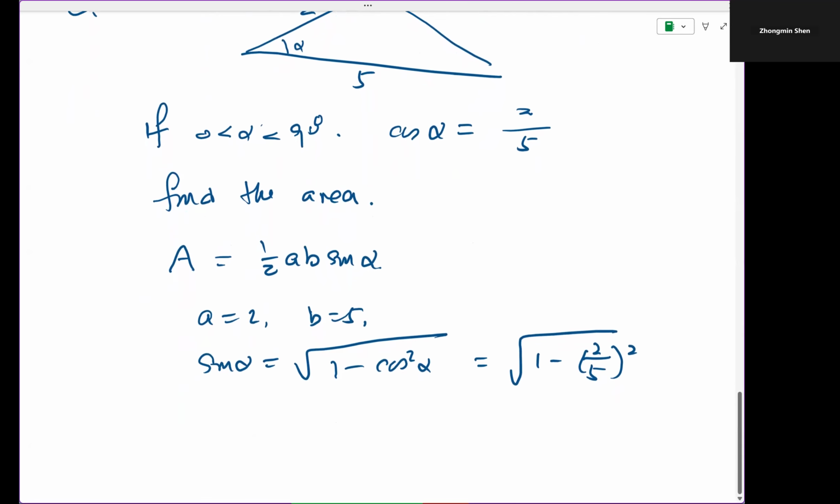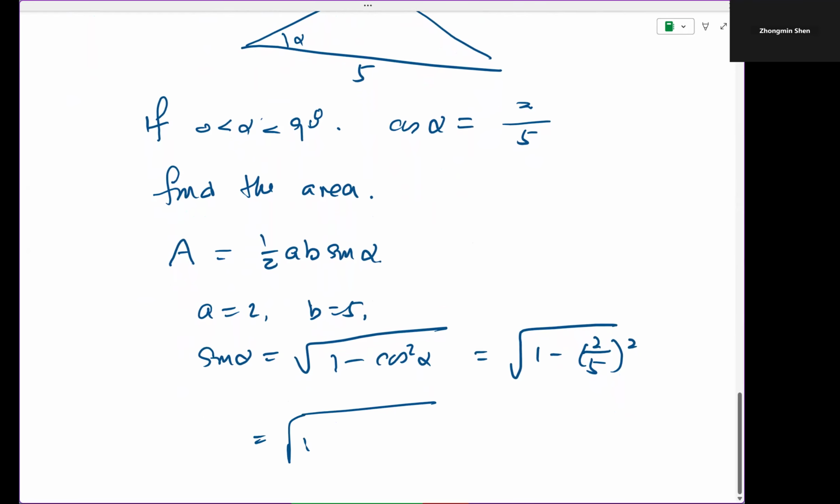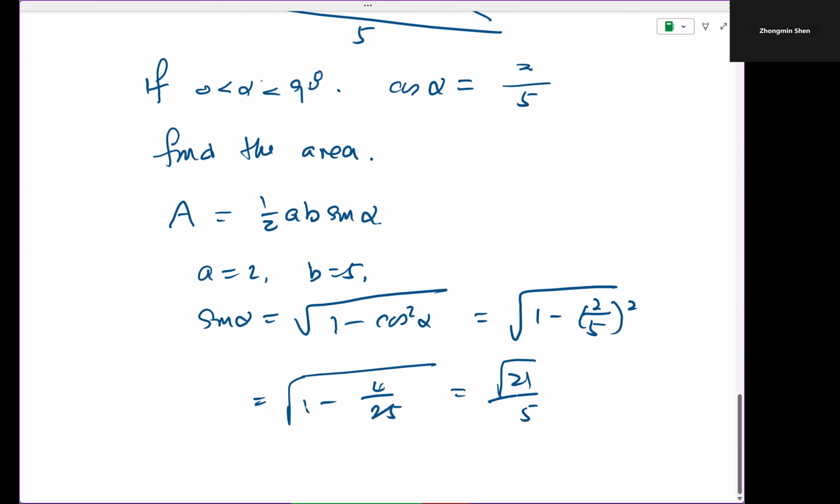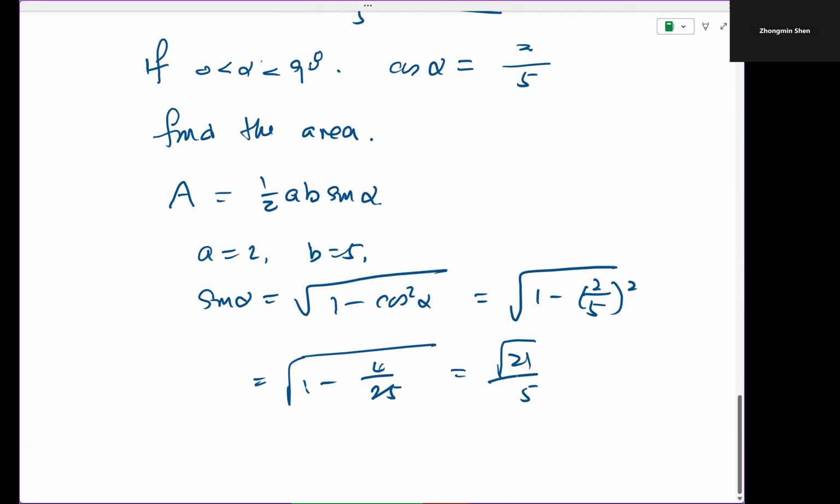And then you simplify it, and you get square root of 21 over 5. That is the sine value. Therefore the area is going to be half of 2 times 5 times square root of 21 over 5. You simplify, simplify, simplify, and you get square root of 21. So that is the area.